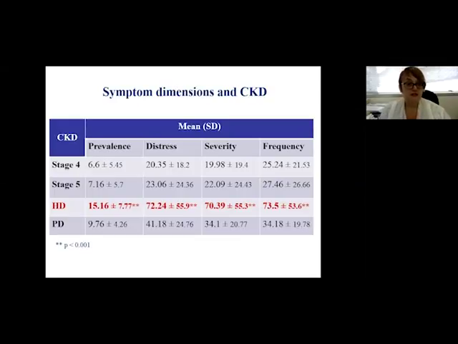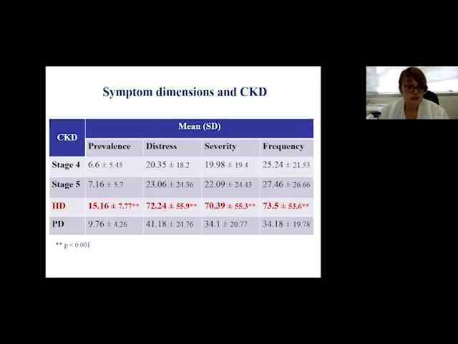And this is the symptom dimensions. Here we've got the different stages: stage 4, stage 5 patients who are not on dialysis, stage 5 hemodialysis patients and stage 5 peritoneal dialysis patients. And here we've got the mean scores and standard deviations for prevalence, distress, severity, and frequency, so all of the symptom dimensions.